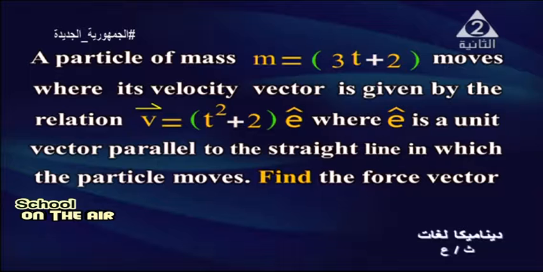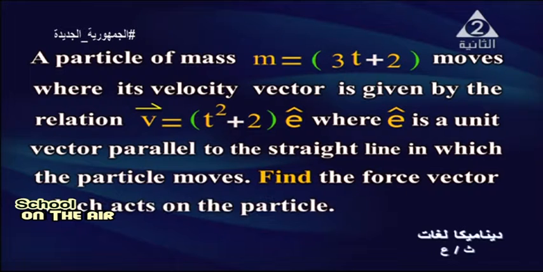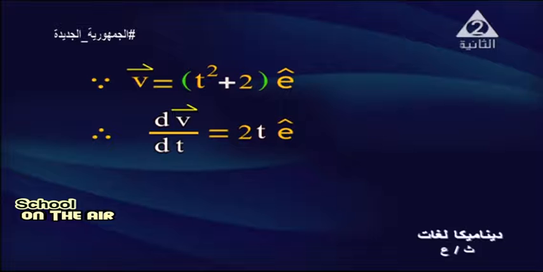Find the force vector which acts on the particle. Since v vector equals t² plus 2 e, then dv/dt equals 2t e. Then the acceleration equals 2t e.